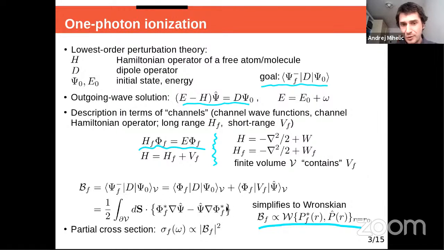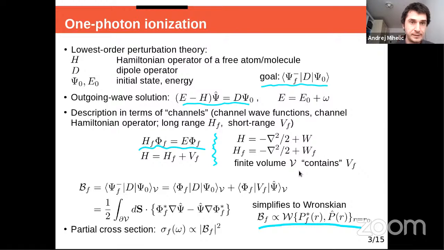In practical calculations, that kind of an integral actually simplifies to a Wronskian, where the radial function of the channel wave function is used, and the radial function of this solution of the driven equation, and both of them are evaluated at a single radial point which lies inside this volume V.